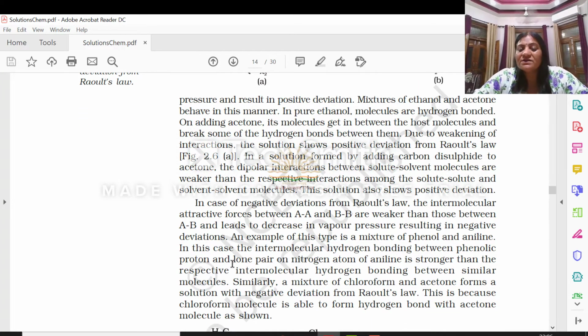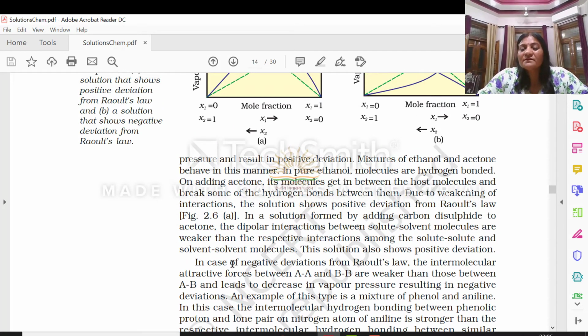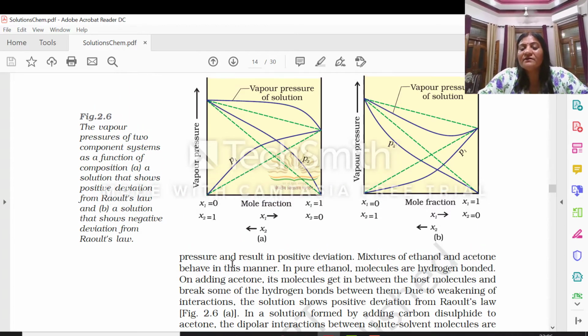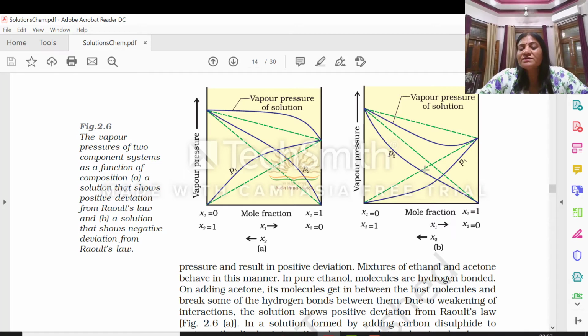In negative deviation, as you can see in the graph, the partial vapor pressures of component 2 and component 1 and the total vapor pressure are less than the Raoult's law values.